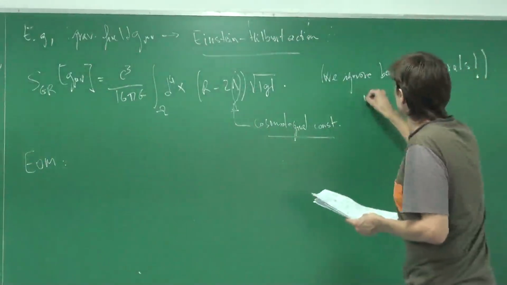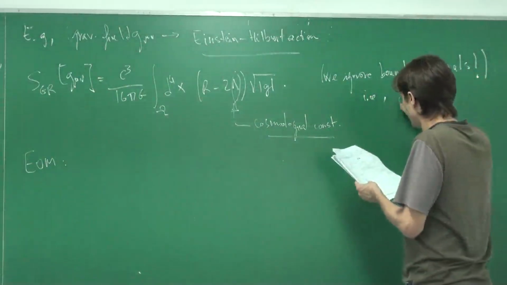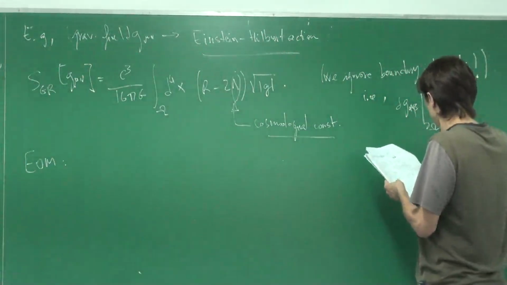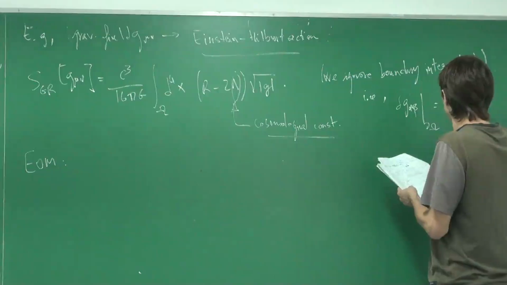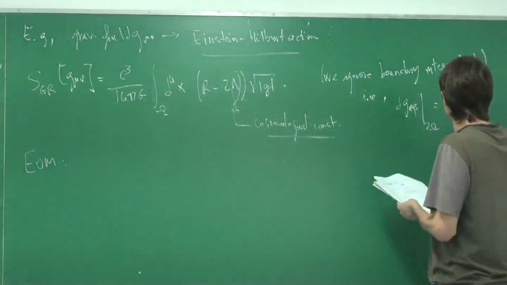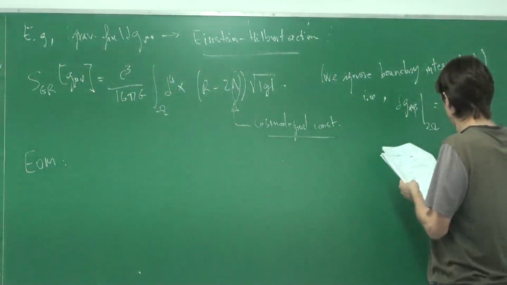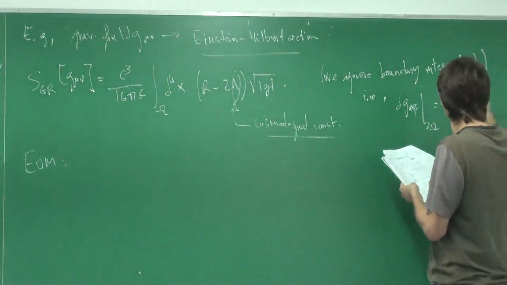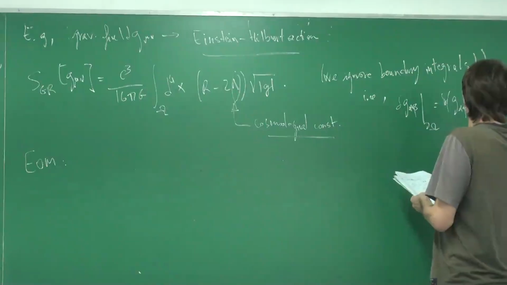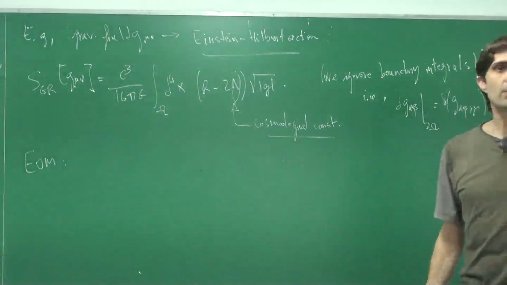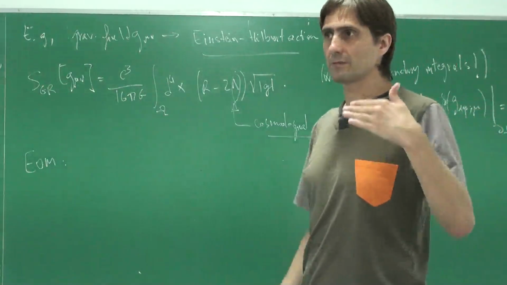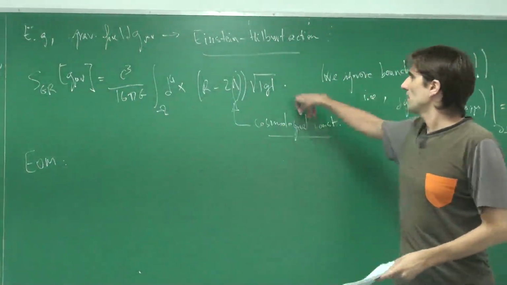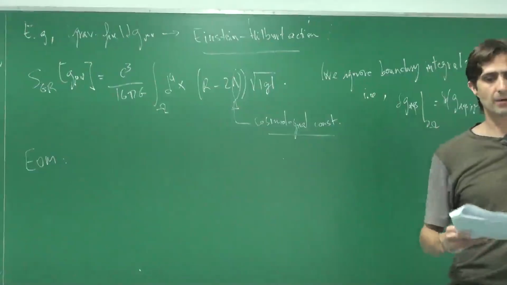Or in other words, if you wish, you can say that the variation of the metric, and really the derivatives of the metric, is 0 on the boundary. Otherwise, you don't have to do this. You can not impose that. In that case, you have to introduce other terms in your action to compensate for that.